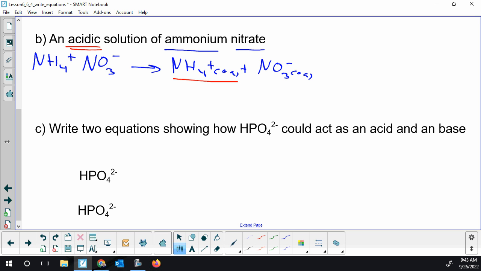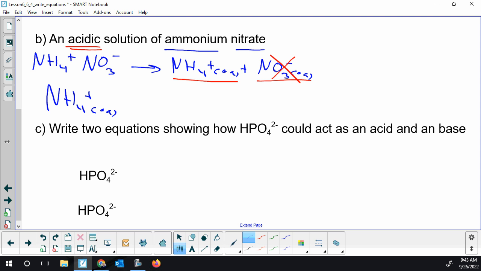You're not sure, but it's got an H. But if you look at nitrate and really understand the nature of acidic solutions, nitrate cannot donate an H. It does not have one. So that has to go out as your possible acids, which you're not sure, but the only thing that could be your acid is ammonium. And it is, in fact, an acid.